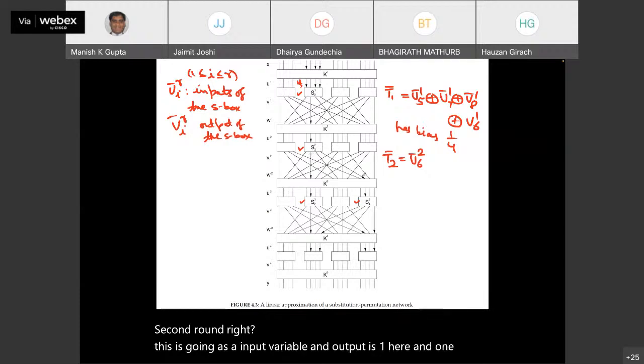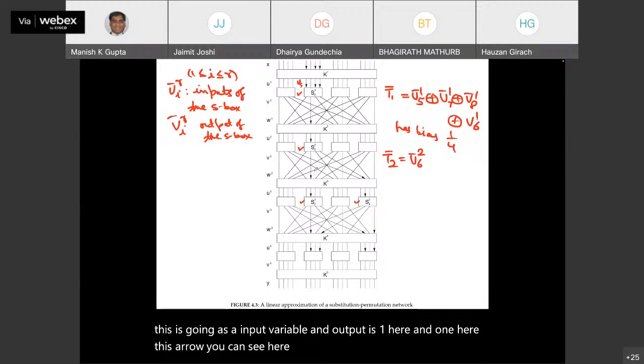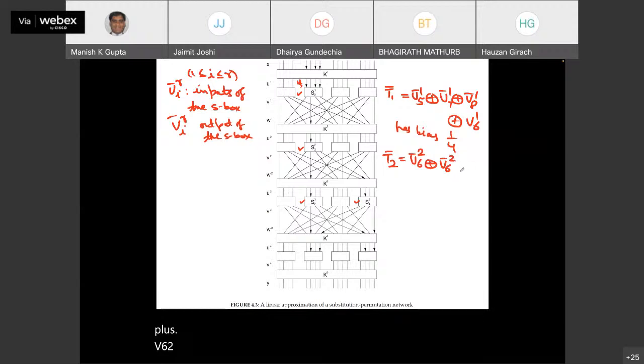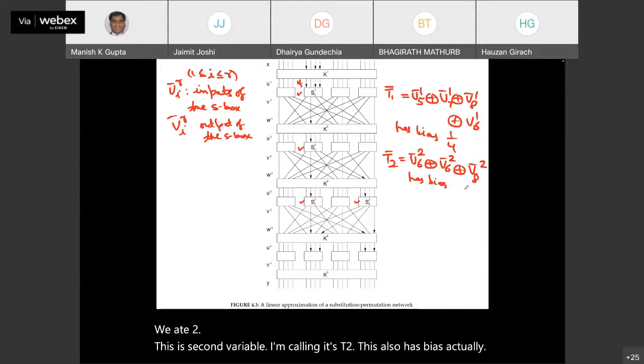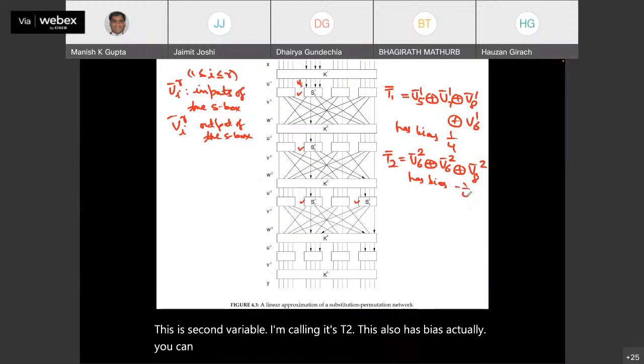You can see this arrow and this arrow. This is U62 plus V62 plus V82. I am calling it T2. This also has bias, actually you can compute, minus 1/4.